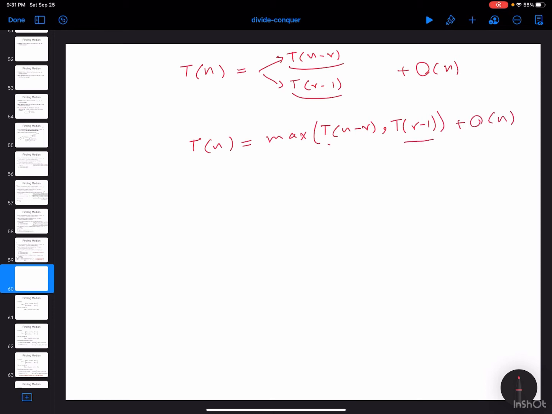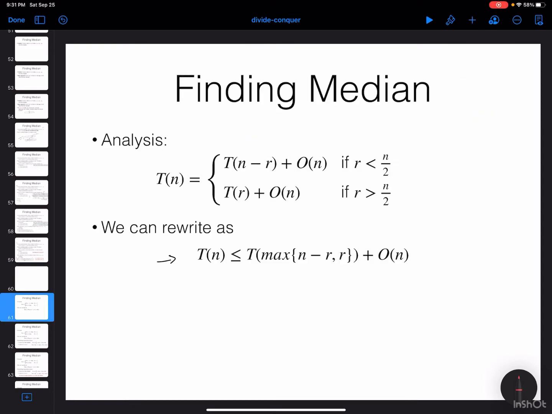But which of these is going to be the maximum? This is in fact based on the size of them. If n minus r is bigger, then t of n minus r is going to be bigger. Otherwise, this one is going to be bigger. Okay, so one way to write it down is this way. t of n is going to be t of n minus r plus O of n if the value of r is less than n divided by 2.